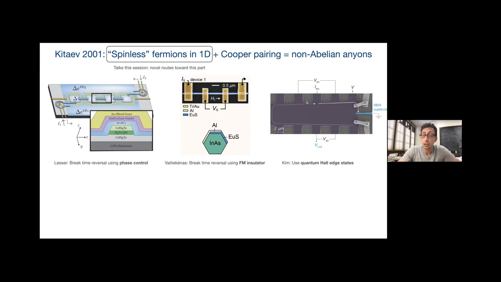So Solei's talk that we just heard from pursued a different route to eliminating the magnetic field requirement. In Solei's devices, time reversal symmetry was broken using proximity effect of the ferromagnetic insulator.